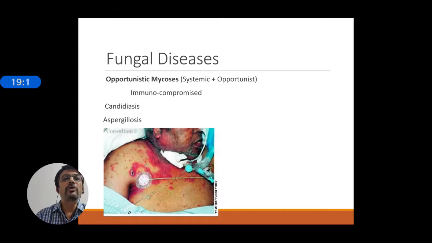In an immunocompromised patient, this may lead to life-threatening infection also. So these are the opportunistic mycoses. And patients with HIV/AIDS, or as I have said, any patient whose immunity is compromised by any means, are prone to develop opportunistic mycosis.